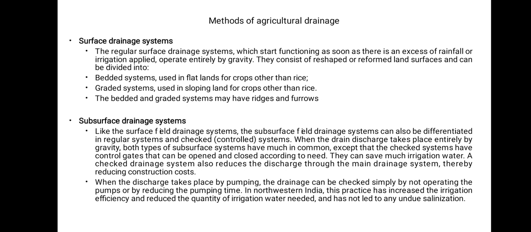When the drain discharge takes place entirely by gravity, both subsurface systems have much in common, except that the checked systems have control gates that can be opened and closed according to need. They can save much irrigation water. Checked drainage systems also reduce the discharge through the main drainage system, thereby reducing the construction cost.